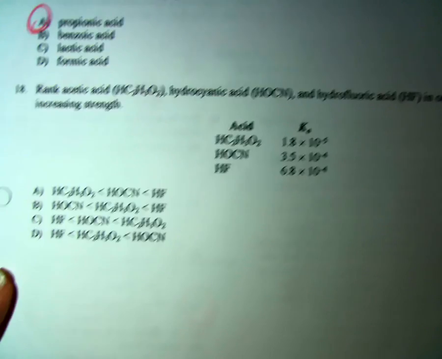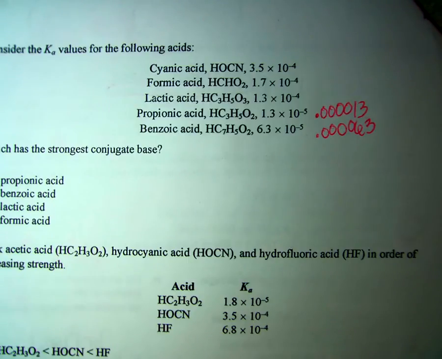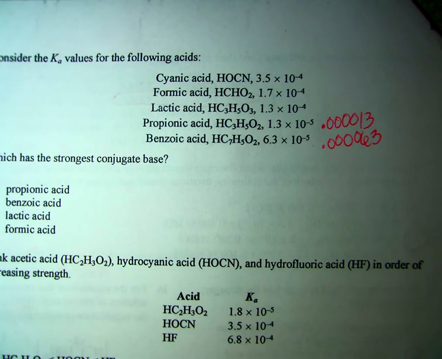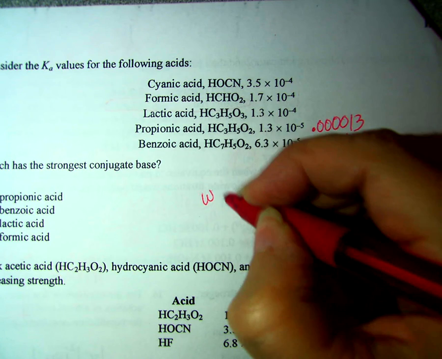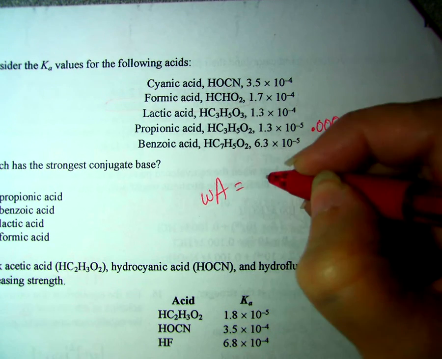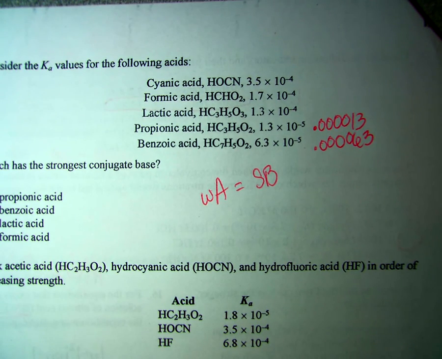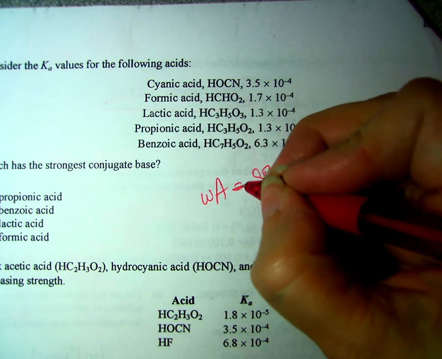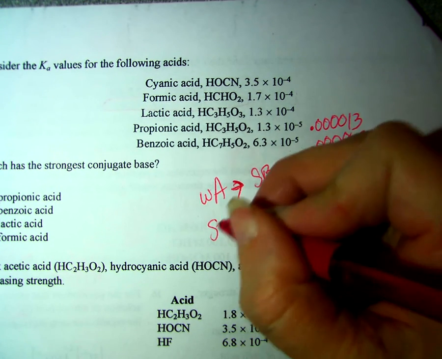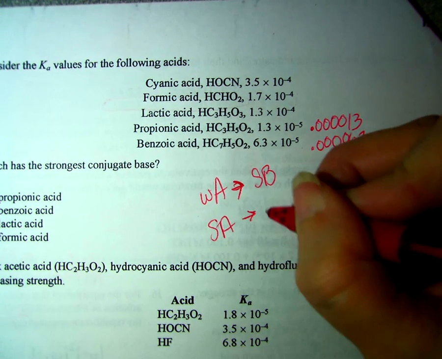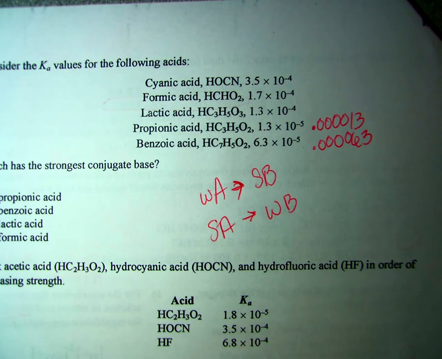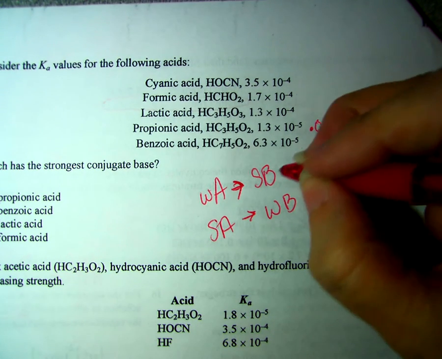Okay, so what did you say about the weak? Weak acid is going to have a strong conjugate base. And if it was a strong acid, it would have a weak base for a conjugate.